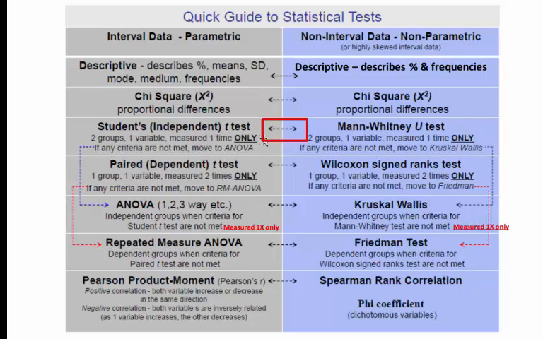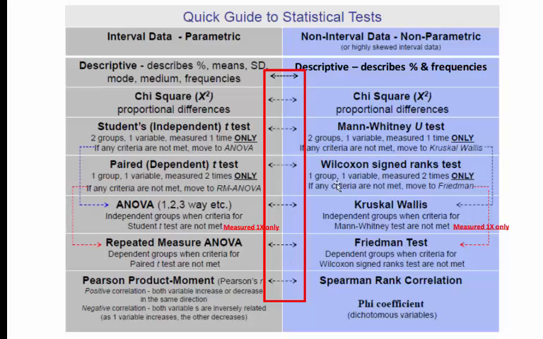So interval data used with two groups, one variable measured one time only, use the student t-test. If you have two groups, one variable measured one time only, with non-interval data, you would use the Mann-Whitney U. So parametric, corresponding test for non-parametric data.